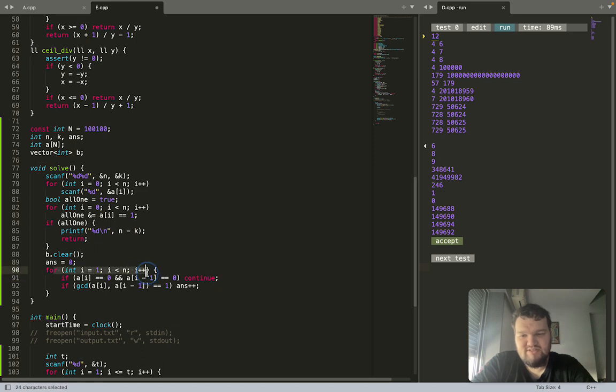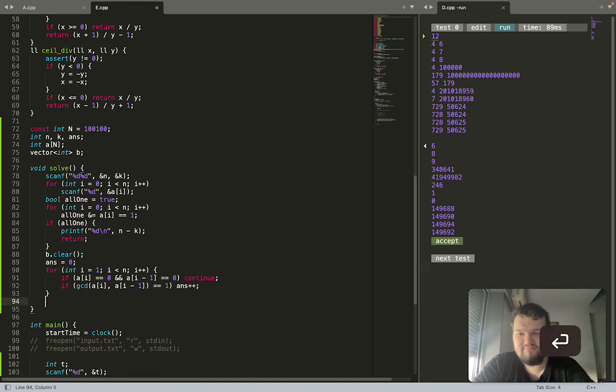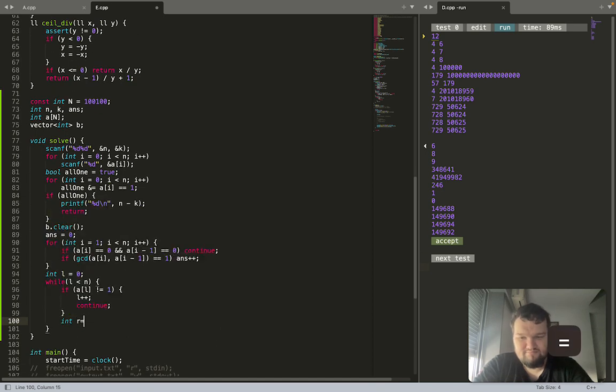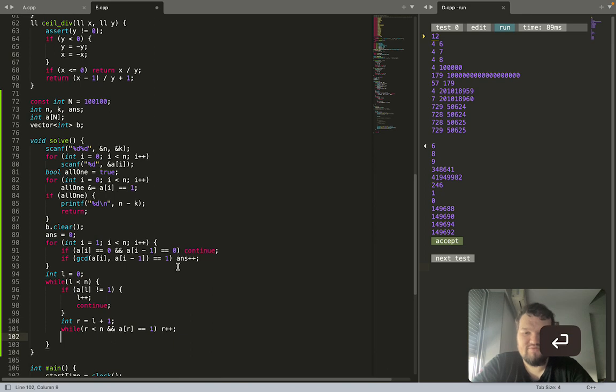So this if is needed, I think, because the built-in GCD function doesn't work when both inputs are zeros. I'm not sure, but I think it doesn't. Found segment of ones.